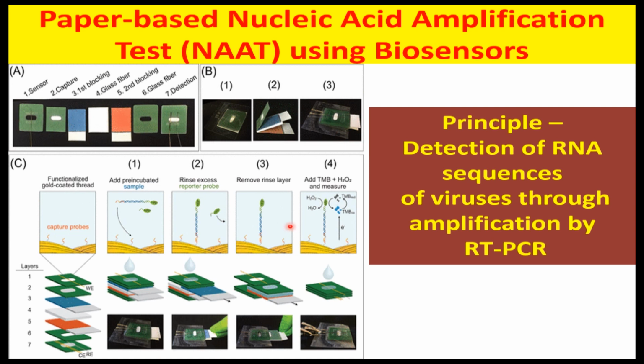Then the sample which is captured by the capture probe is visualized using H2O2 with horseradish peroxidase enzyme, primary antibody, and secondary antibody, and then we find whether the particular virus is present in the sample or not.